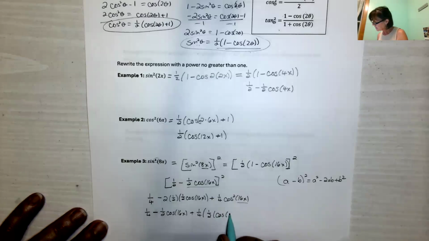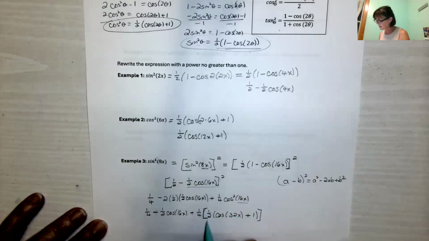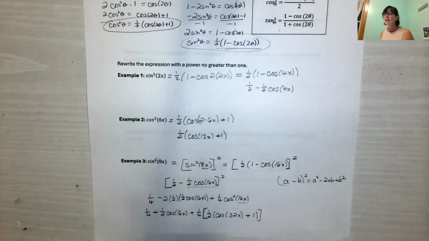So 2 times 16x is 32x plus 1. We could just use that formula again. And I think you can see that you can keep doing this. What if you had something to the 30th power and you had to rewrite it? You could keep breaking it down and breaking it down.